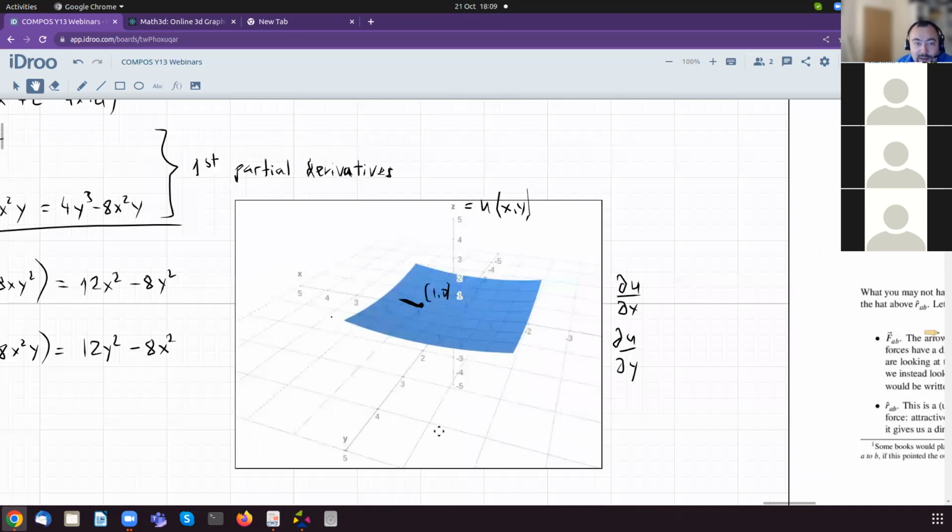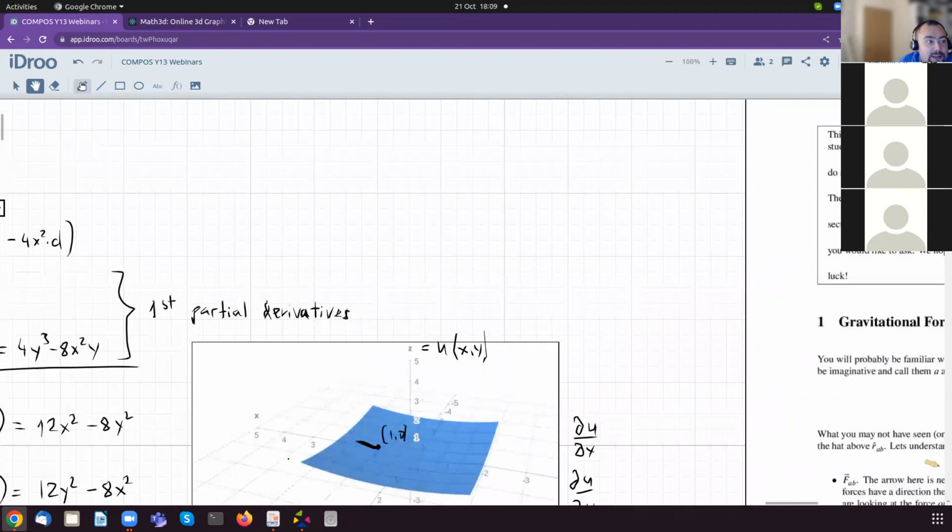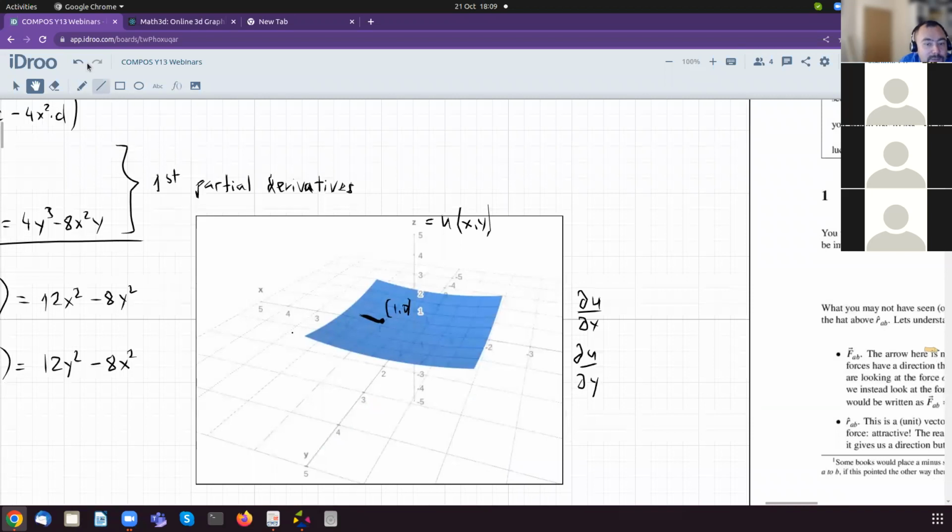So just like the dy, dx is the gradient. du dx is the gradient in the x direction, and du dy is the gradient in the y direction.